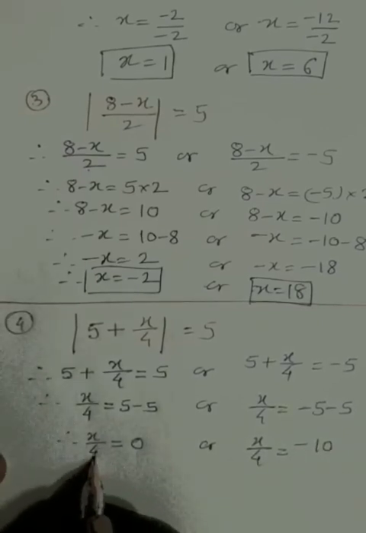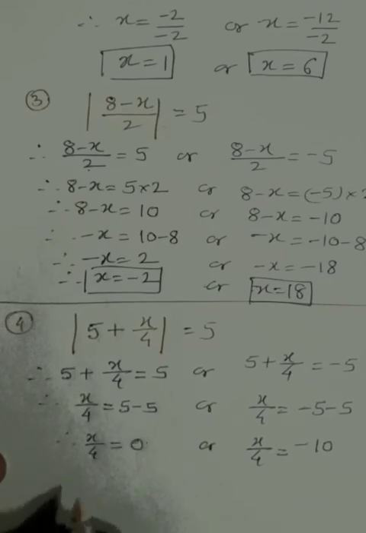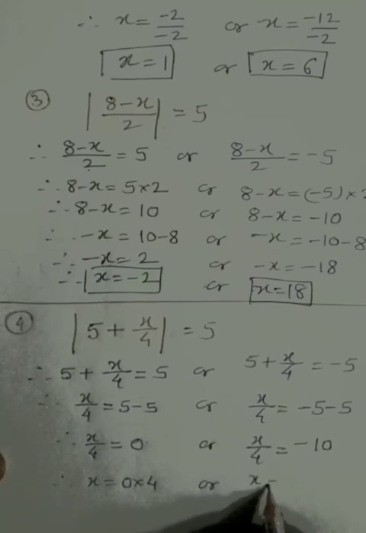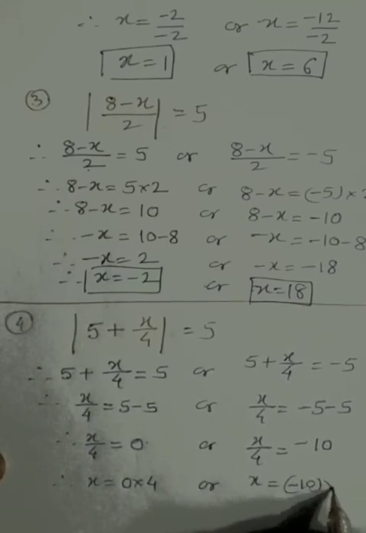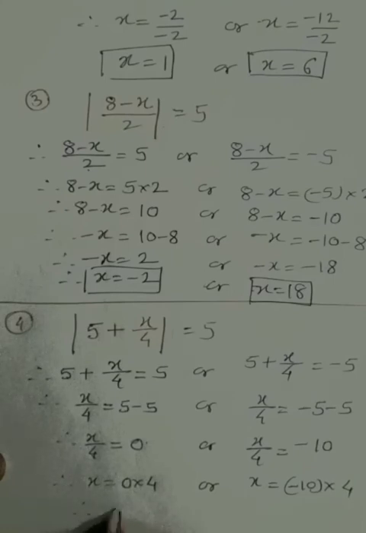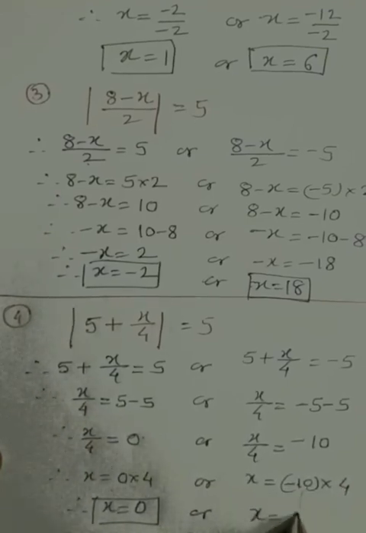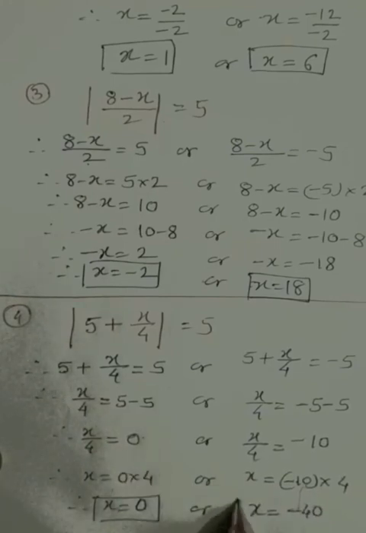Now we transfer this 4 to the right side, it will become multiplying, 0 into 4, or x is equal to negative 10 into 4. Therefore x is equal to 0, 0 into 4 is 0, or x is equal to minus 10 into 4, that is answer minus 40.